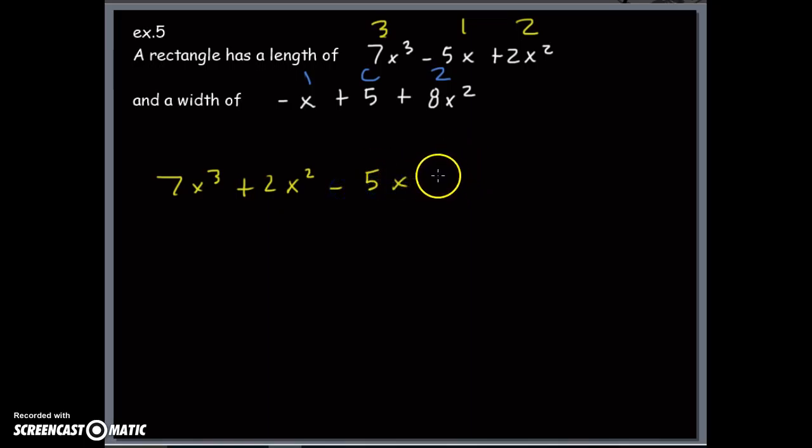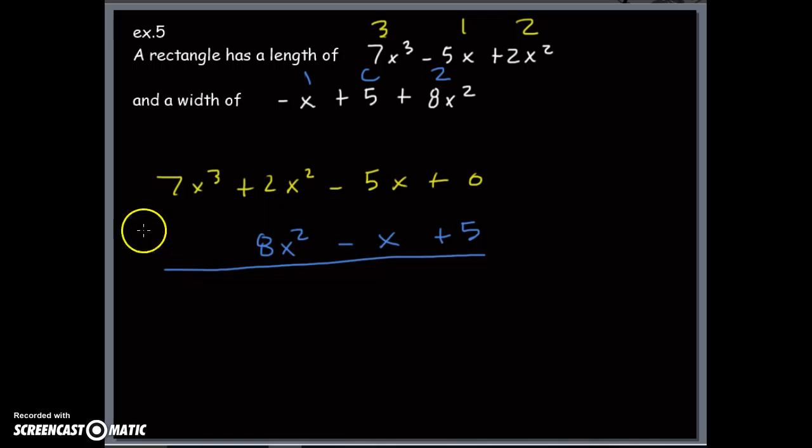And it doesn't have a constant term, so I can say, okay, plus 0. If I wanted to write the 0, I could. This one doesn't have a third power, so we're going to start here with 8x squared. Then we've got a minus x. Then we've got a plus 5.